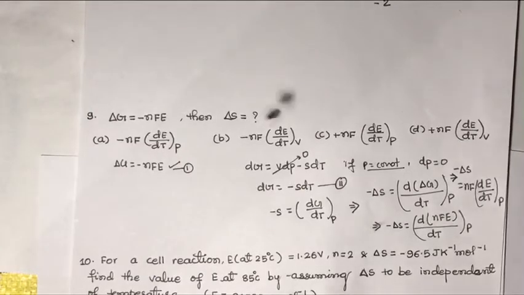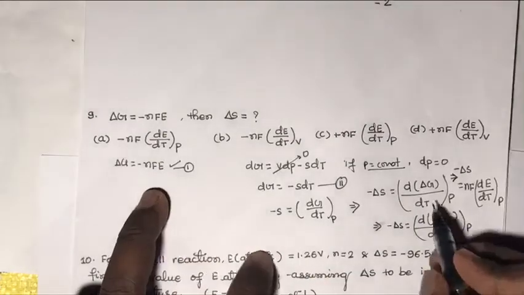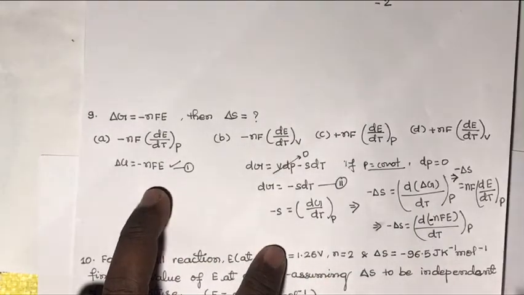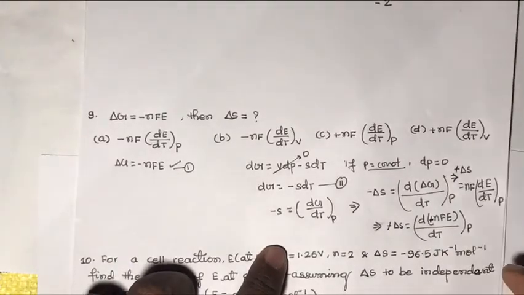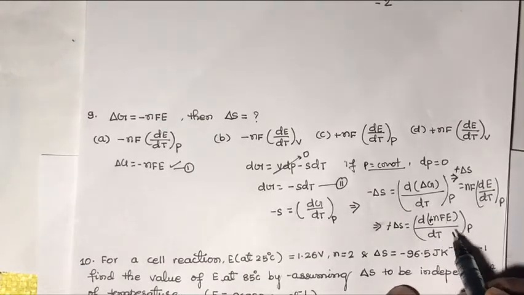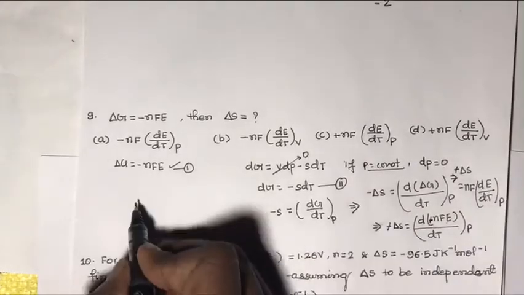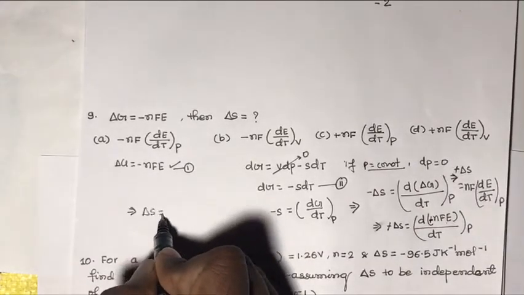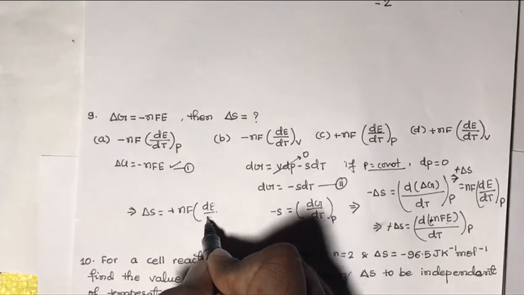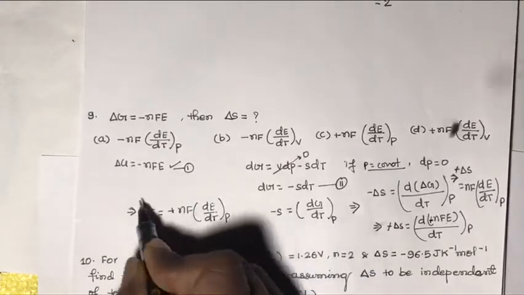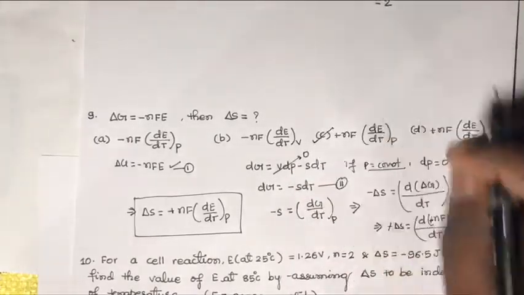But here remember, this delta G is minus NFE, there is a mistake here, sorry, and this minus minus will be cancelled out, because dG is minus NFE and we have taken NFE. So the correct expression will be dS equal to plus NF dE by dT at constant pressure. This is the correct expression in this case, and the answer will be this one.